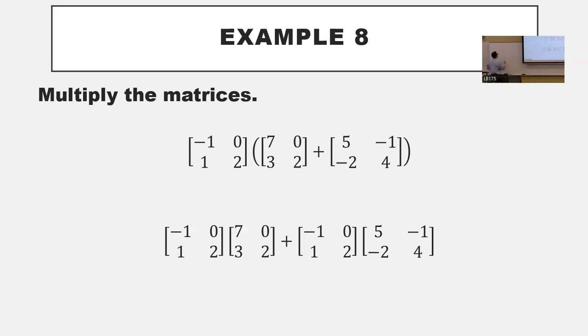However, if we have a matrix and it's multiplied times the sum of 2 other matrices, and then I take that matrix and I multiply it by the individual matrices and then add those up.